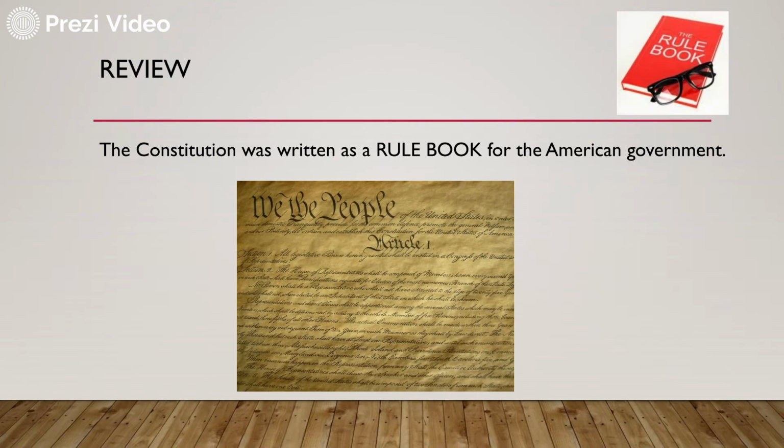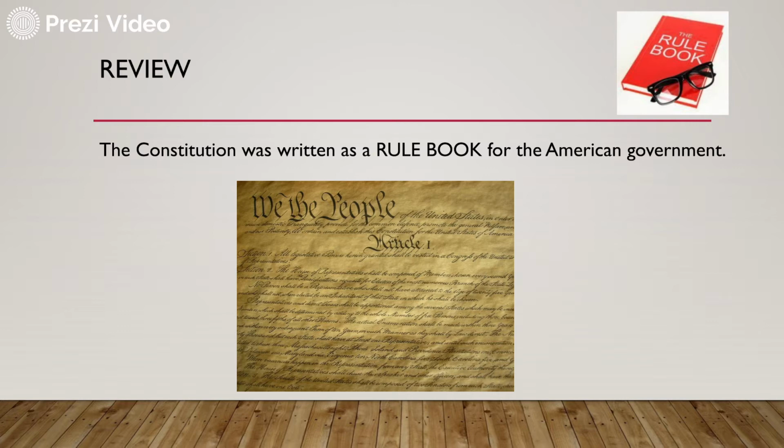So at the Philadelphia Convention, the Constitutional Convention, the Constitution was, as I said, written, and it's essentially a rule book for the American government. You may recall from the three branches of government that one of the main responsibilities of the judicial branch, the Supreme Court and the judges, is to make sure that all laws are constitutional.